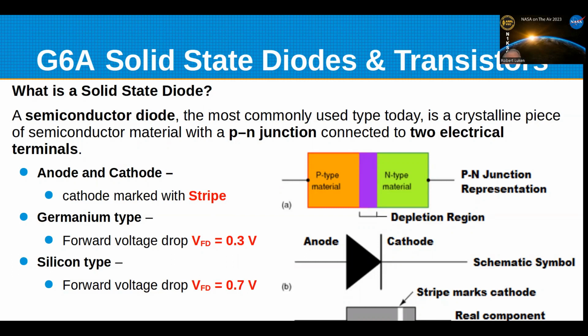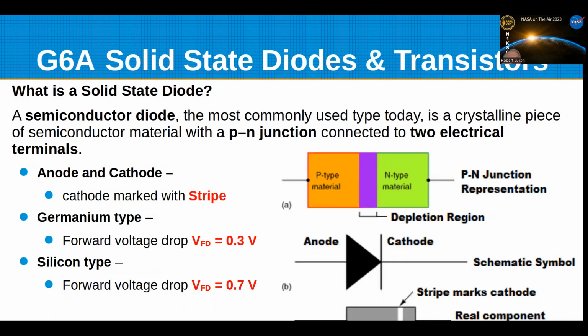There's basically 2 types. The ones you don't see as much are germanium diodes. They had a forward voltage drop of 0.3 volts. So in other words, you had to exceed 0.3 volts before it would conduct. It was the forward threshold voltage.